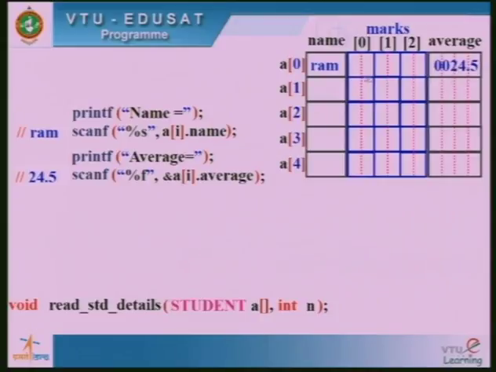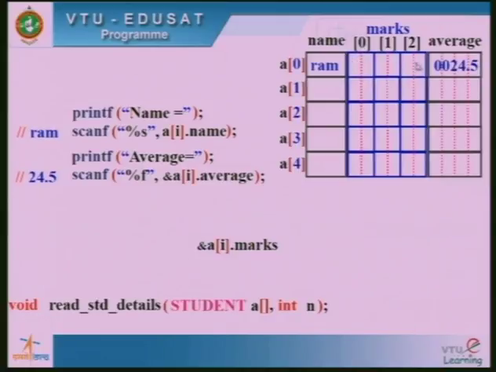Now we can enter 3 marks. So how can we read marks here? If you observe, what is this field called? Marks. Using a, how do you access this field? a of i dot marks. So here I write ampersand a of i dot marks. If I say a of i dot marks, what will I get here?